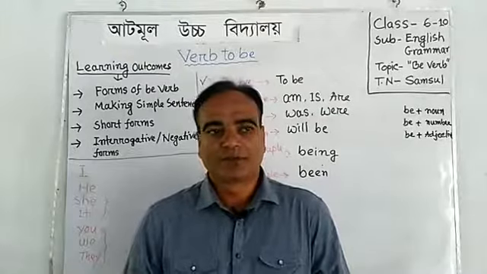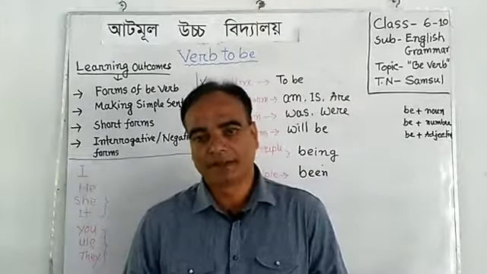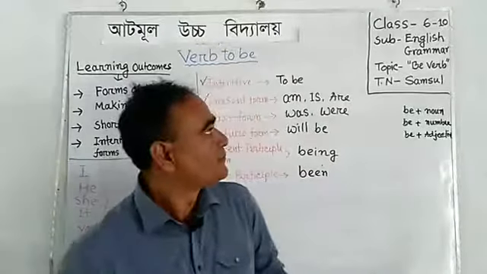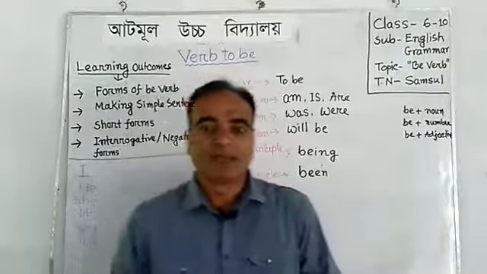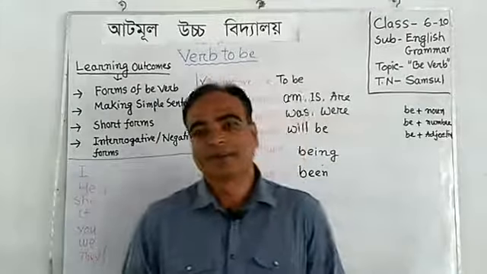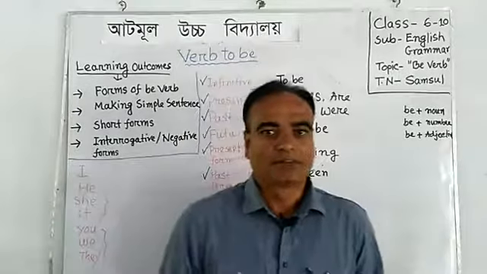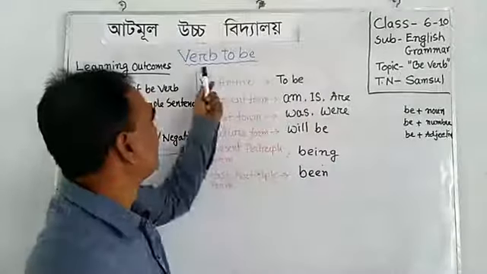And today I am going to discuss a very important grammar topic for the students of class 6, 7, 8, 9, 10. I mean, this topic is very important for all level of English learners. So, my today's topic is verb to be.